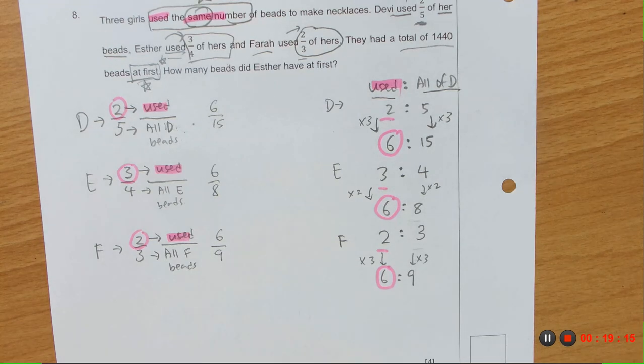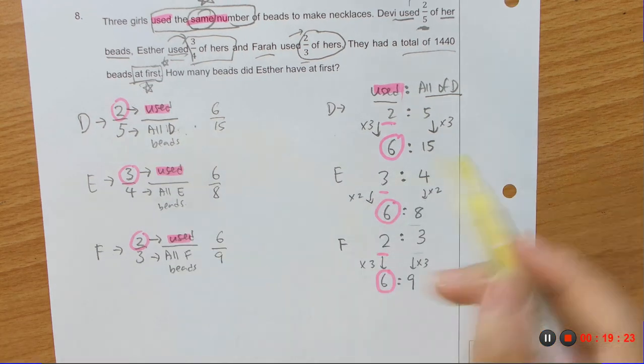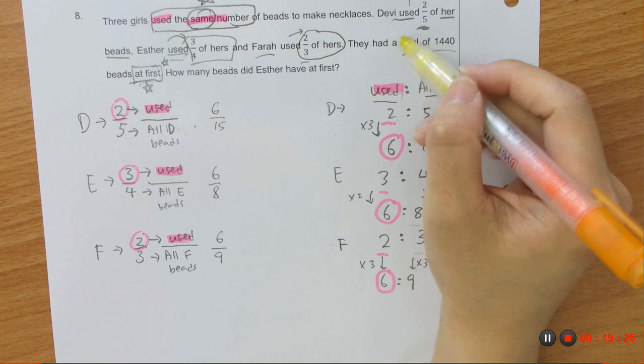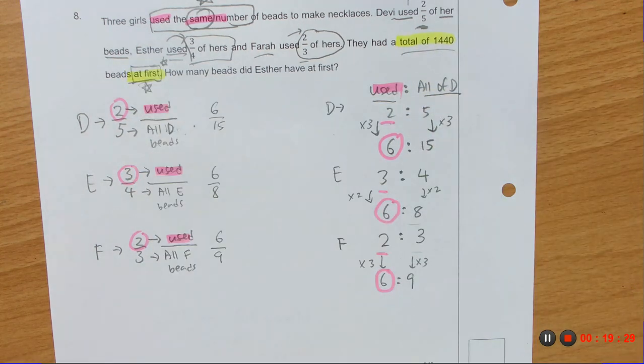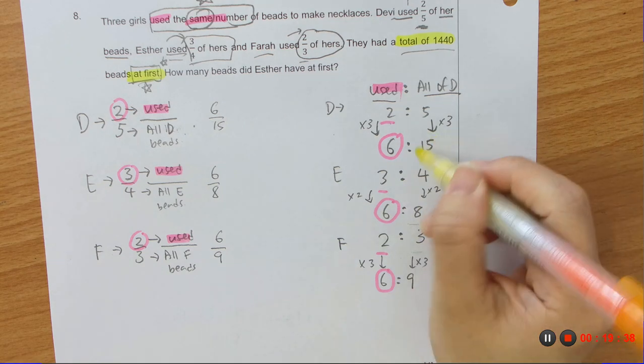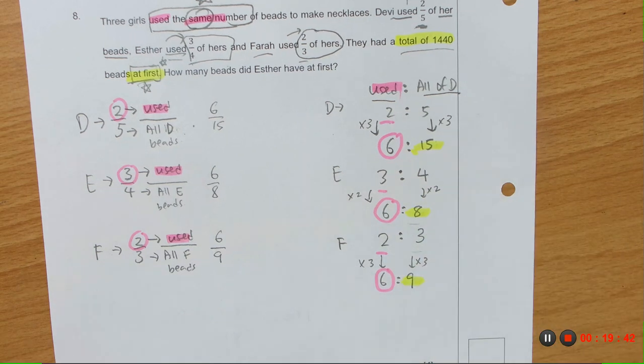Now, the last part, solve. The next important clue, total of 1,440 beads at first. That's the clue. For this clue, here are the units.